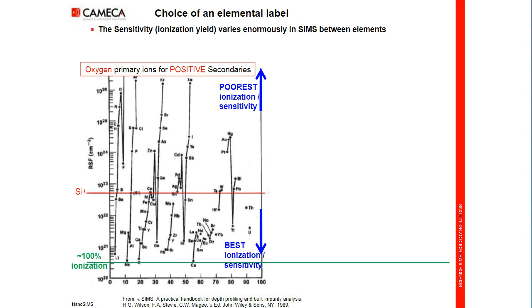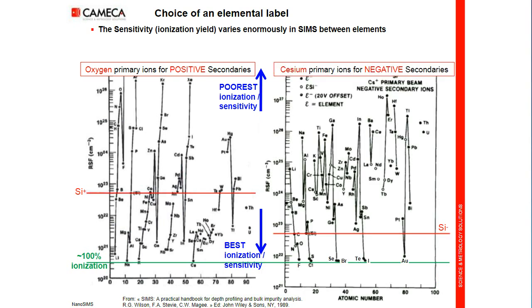So if we use positive secondary ions, we will go to the bottom of this chart to get the best ionization sensitivity. For example, the best elements in positive ions are lithium, potassium, cesium, the rare earth elements, and some others. If we bombard with cesium, oppositely, we will have a great ionization for fluorine, chlorine, sulfur, selenium, bromine, iodine, gold.